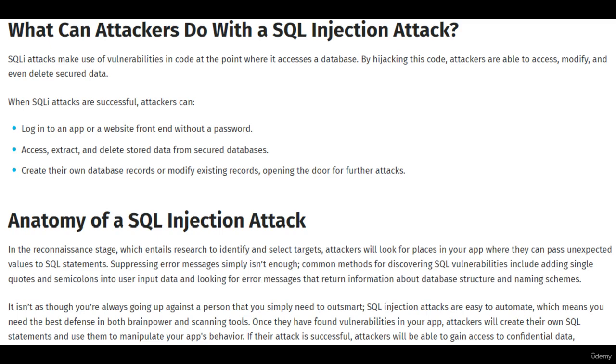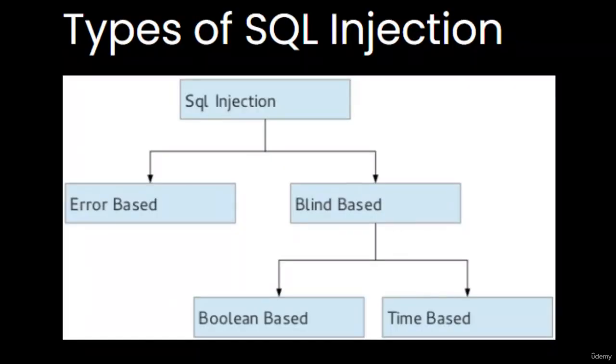When SQLi attacks are successful, attackers can log into an app or a website front end without a password, access, extract, or delete stored data from secure databases, create their own database records, or modify existing records, opening the door for further attacks.